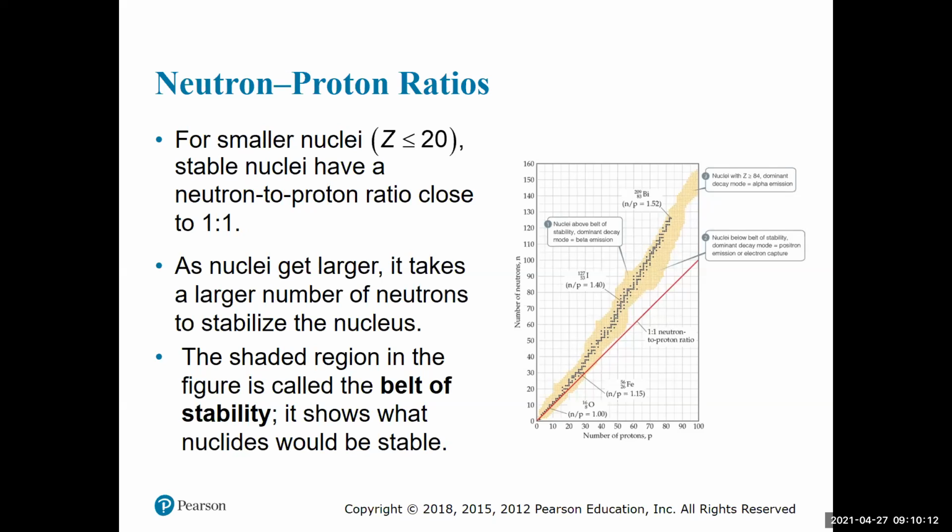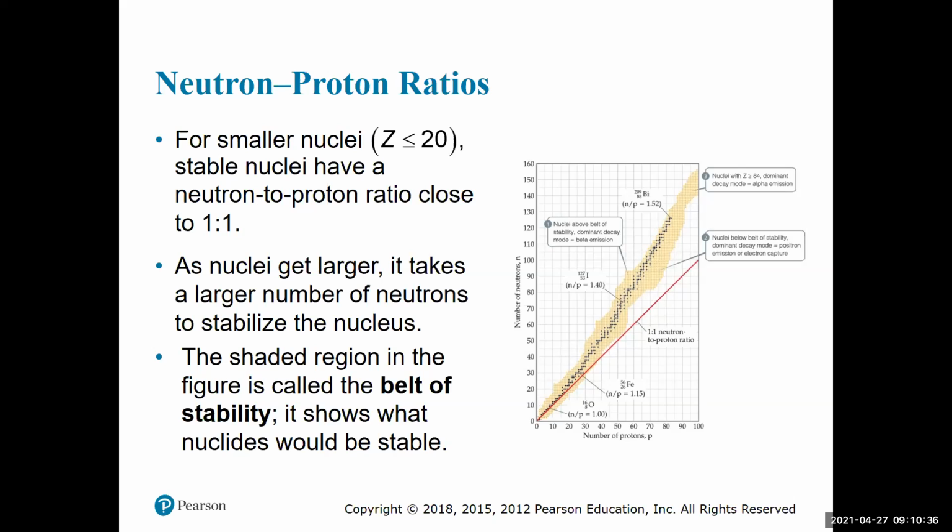If we look at this plot here, you see two things. One is this yellowish band, and we're going to focus on that. The yellowish band is just the neutron-proton ratio numbers. Within this band, you see what looks like dots.